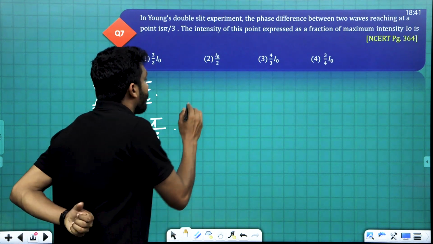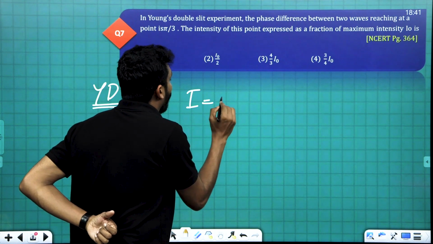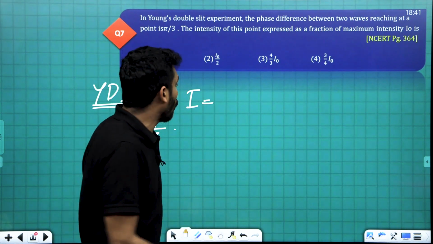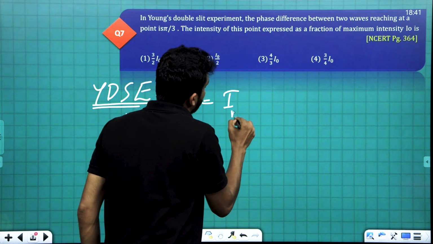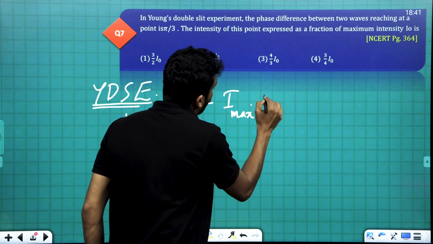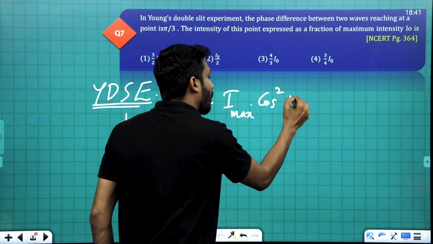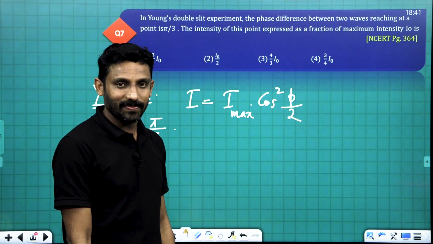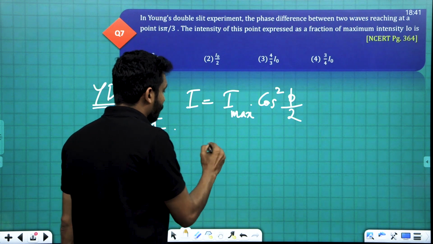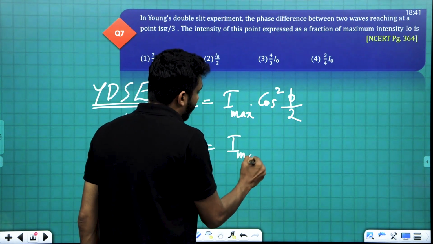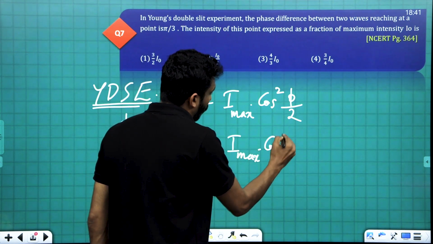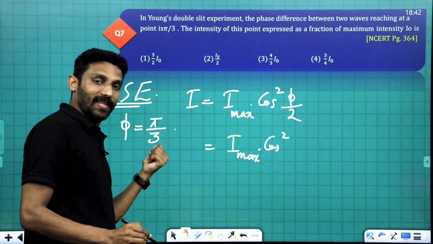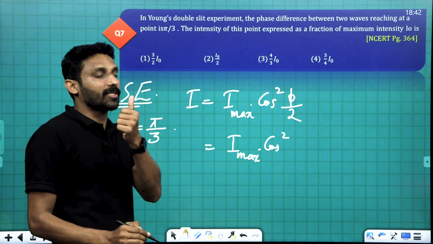We have the intensity of light at a point in YDSE equal to the maximum intensity I max into cos square of phi by 2. This relation we studied. What is phi here? Pi by 3. By 2, pi by 6.